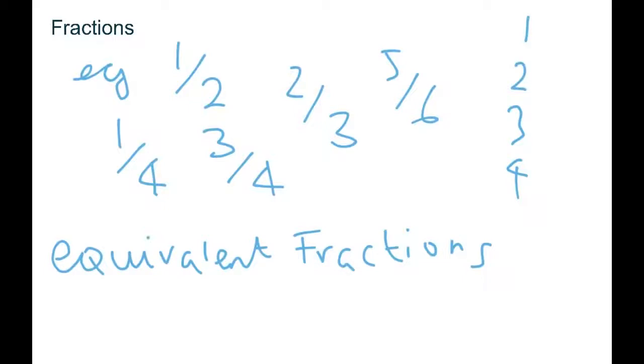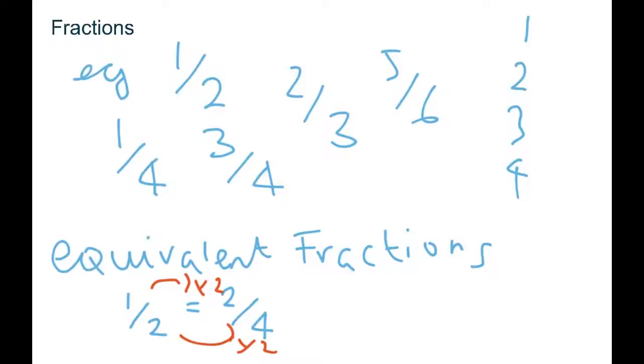So for example, if we take 1/2 and we take 2 over 4, well, 1/2 is exactly the same thing as 2 over 4. Why is that? Essentially 2 over 4 is just 1 over 2 times 2. If I times the top of the fraction, 1, by 2, and the 2 by 2 to give me 4, the 2 over 4 is just double 1 over 2.